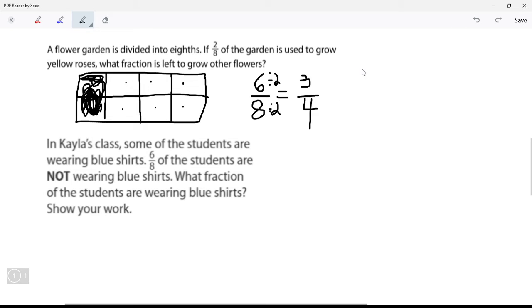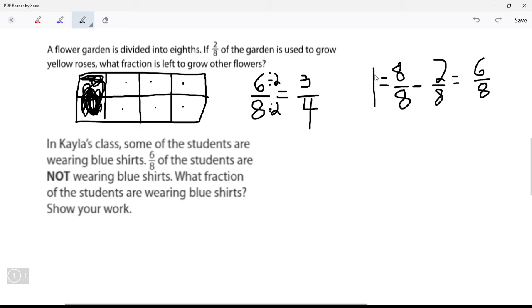Now we could also do, technically the garden is basically a whole, right? It's 1, which equals 8/8, and then we can subtract 2/8 from 8/8, and 8 minus 2 equals 6/8, as you can see.